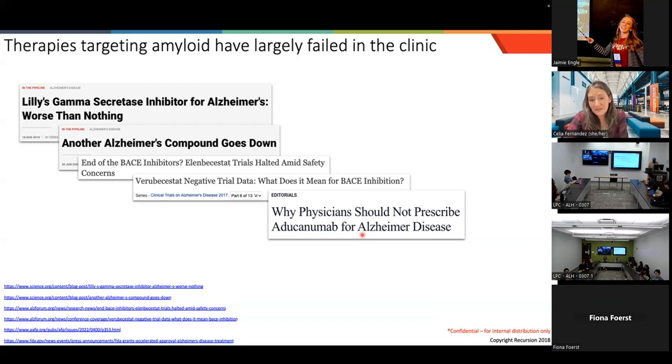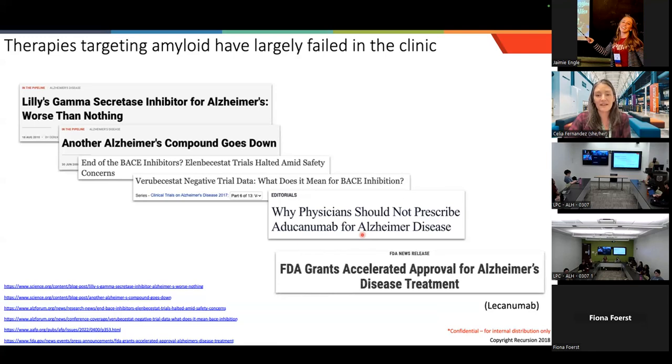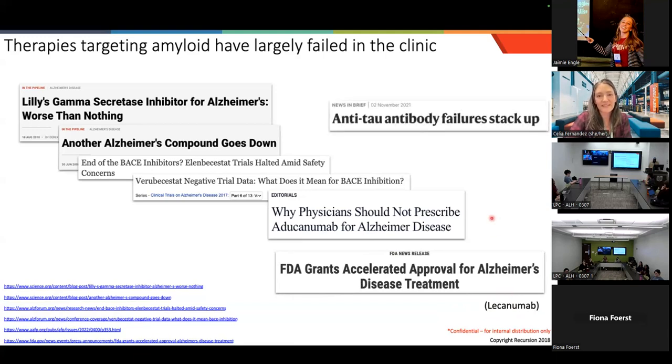It does not appear to be helping with the cognitive deficits that you see in patients, though, at least not that much. However, the FDA has gone ahead and said it's fine. Companies can give these antibodies. There's another company that makes a different antibody called lecanemab. And just by the way, also anti-tau therapies have also not been working.